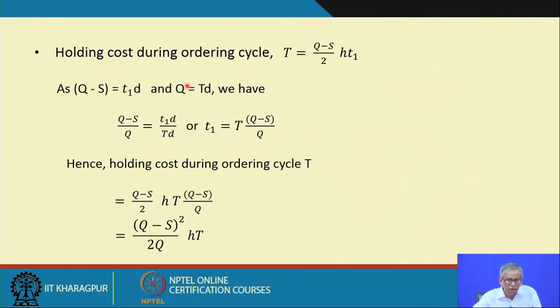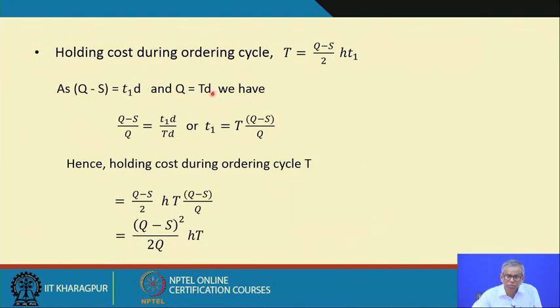And how long do you take to consume capital Q number of units? Obviously, within capital T time period, with a demand rate of D, you consume or use the entire Q units.